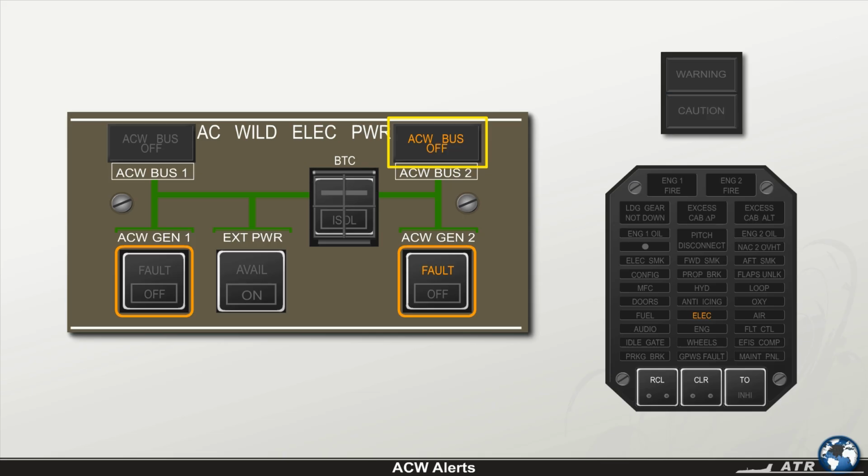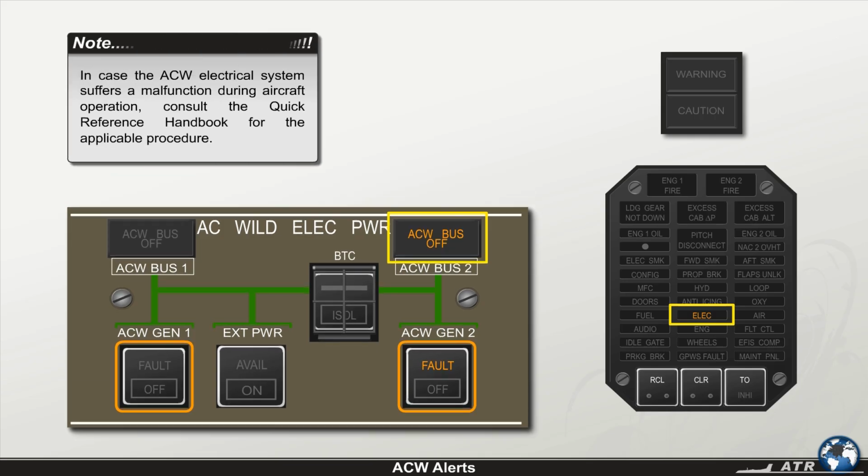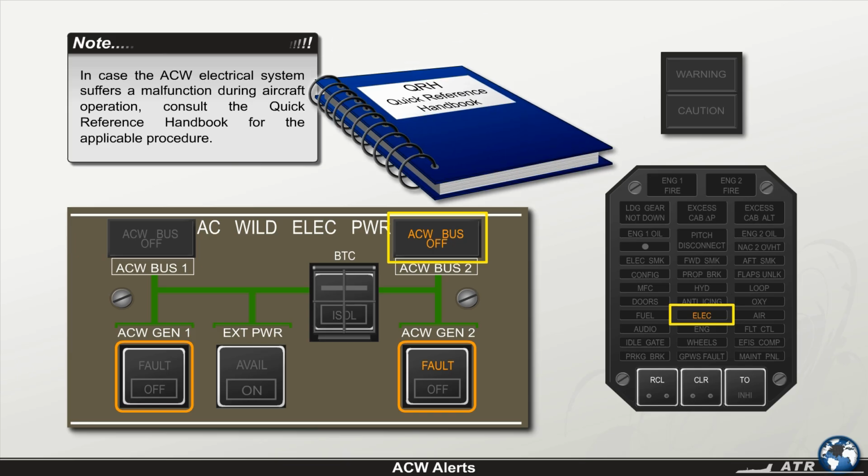The flashing amber master caution light illuminates, the single chime is generated, and the amber electric light on the CAP comes on. Note: in case the AC wild electrical system suffers a malfunction during aircraft operation, consult the Quick Reference Handbook for the applicable procedure.